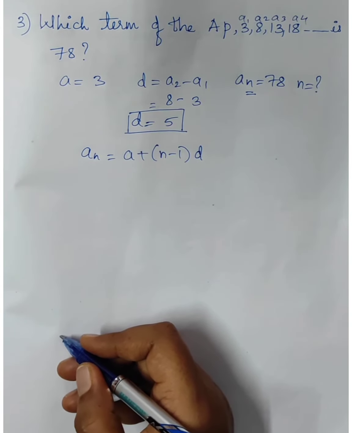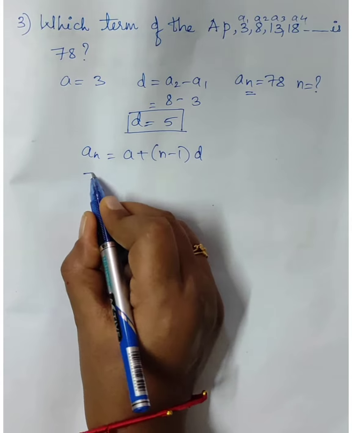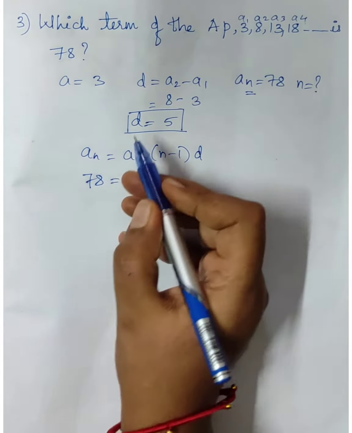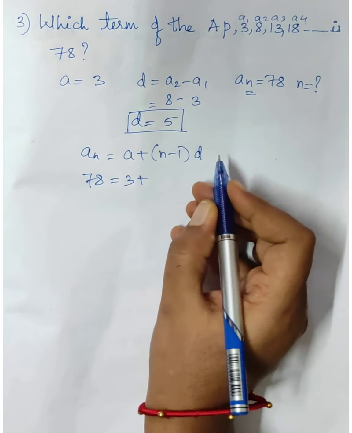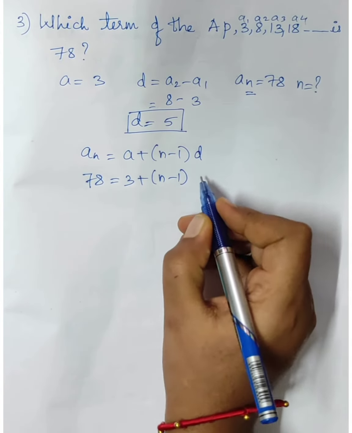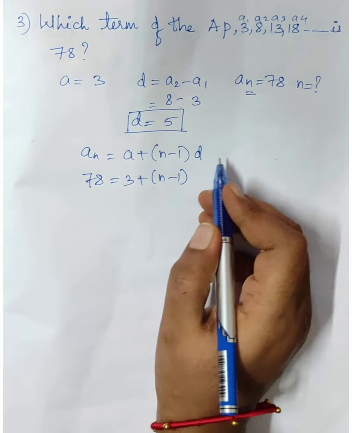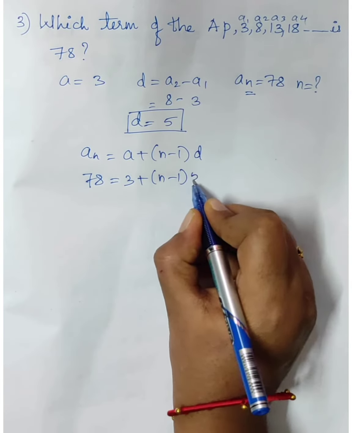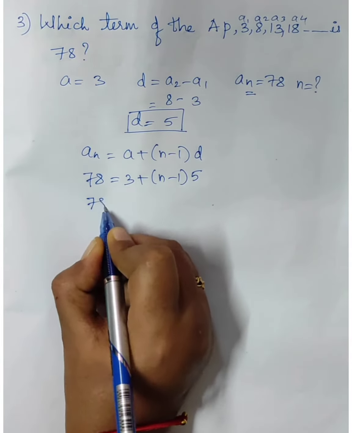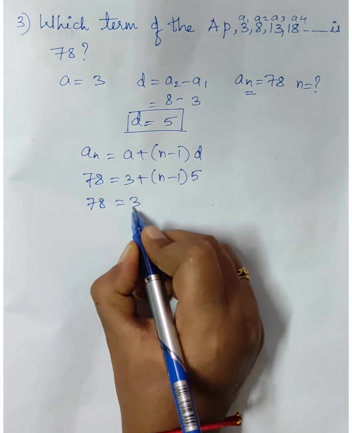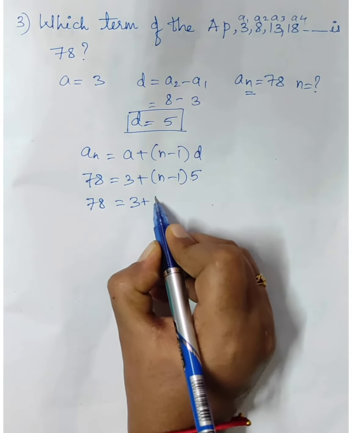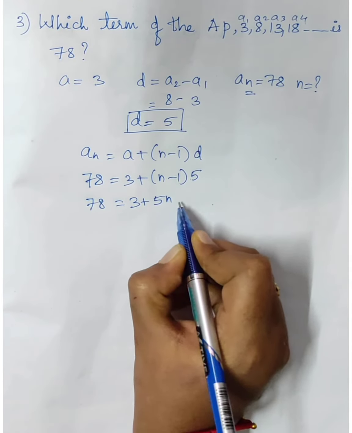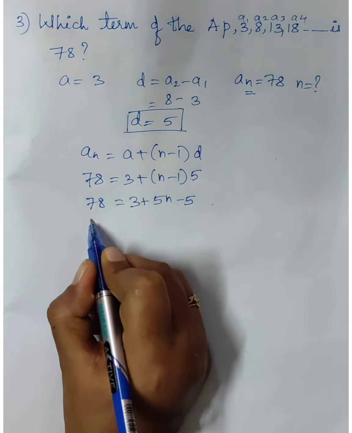An is 78, which equals a, the first term 3, plus n minus 1, where n we don't know so we keep it as it is, into D, the common difference 5. So 78 is equal to 3 plus 5 multiplied into the bracket. 5 into n is 5n, 5 into minus 1 is minus 5.